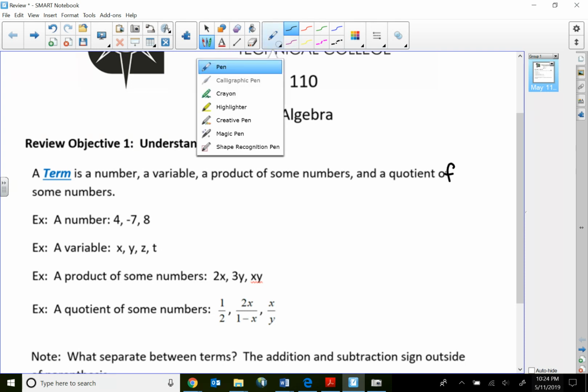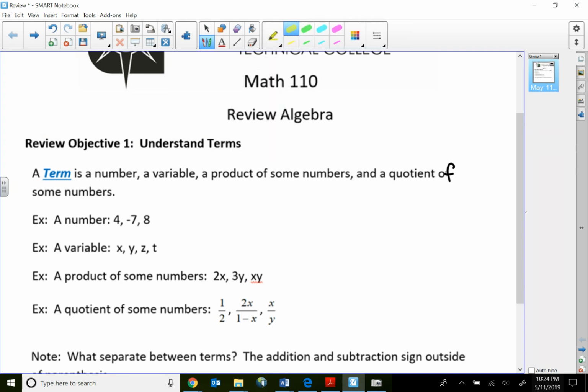Now, the third part of the definition gets a little bit strange. A term is also a product of some numbers. As you can recall, the word product means multiplication. So a multiplication of some numbers is only considered one term, just like 2x. 2x means 2 times x.